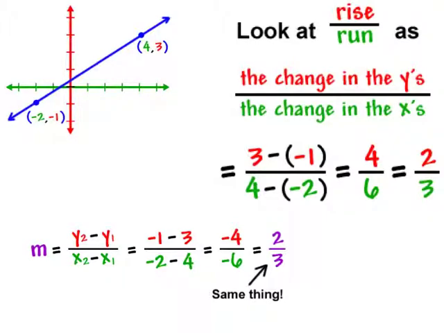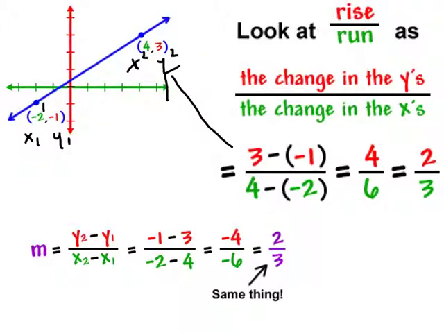If we work this by the slope formula, this is y of the second and this is x of the second, and let's say this is the first point. So this is x of the first and y of the first.